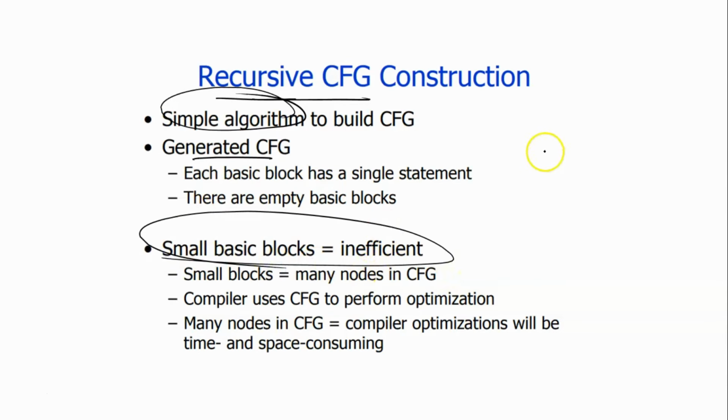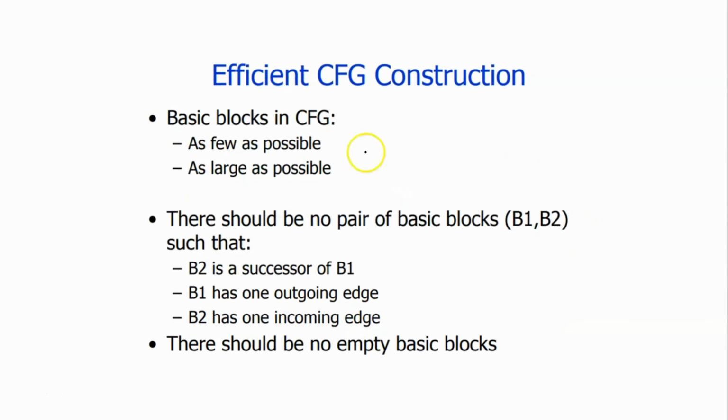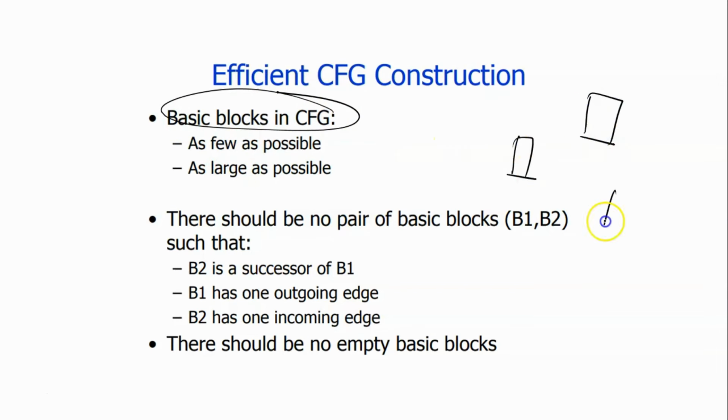In the efficient CFG, each node will be a basic block. Basically, as many statements as we can take, we will take them. The number of basic blocks should be as minimum as possible, and inside each basic block we should have as many instructions as we can take.